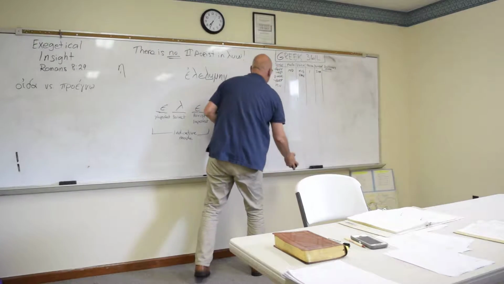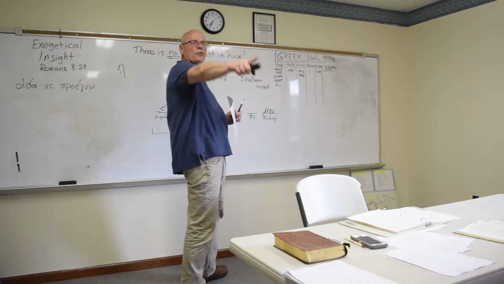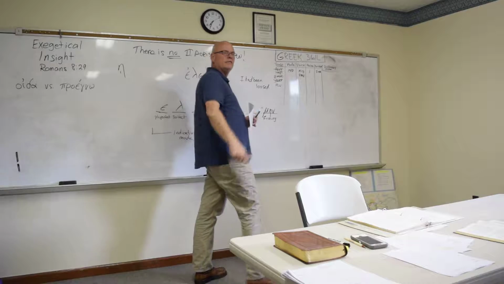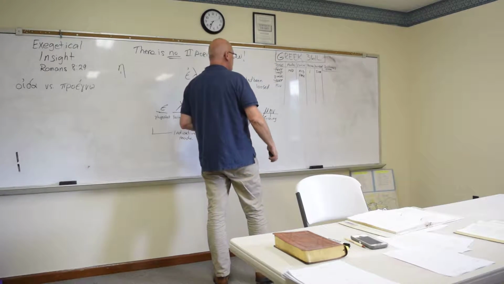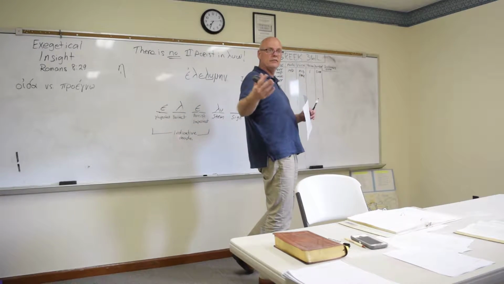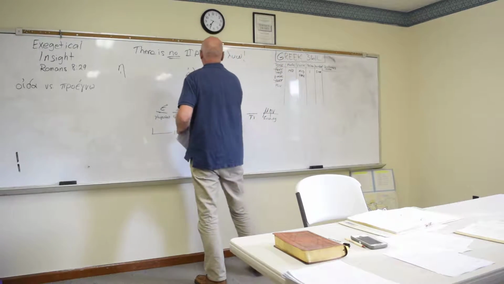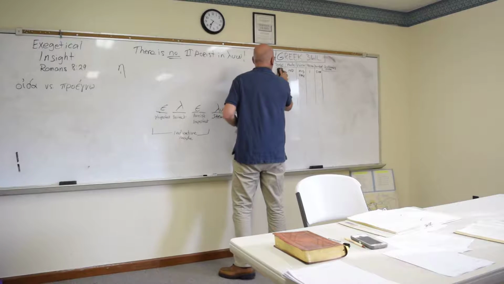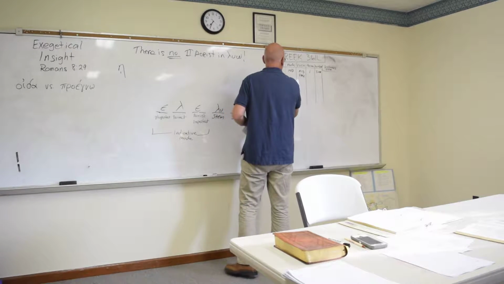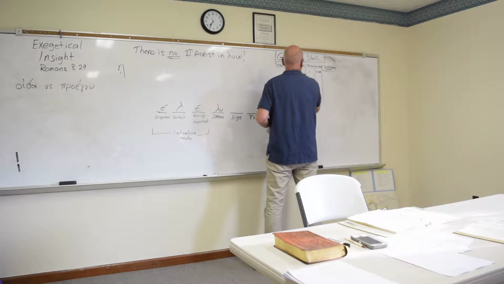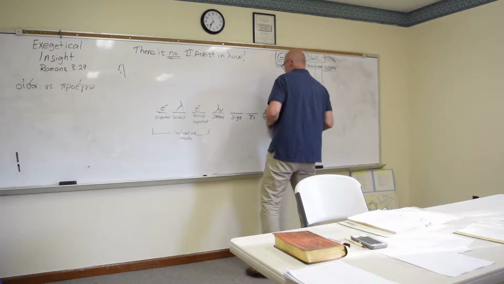So what would middle be? I had loosed myself, or I had loosed for myself. So really the middle has two translations too. You have to say I had loosed myself or I had loosed for myself. Exactly.